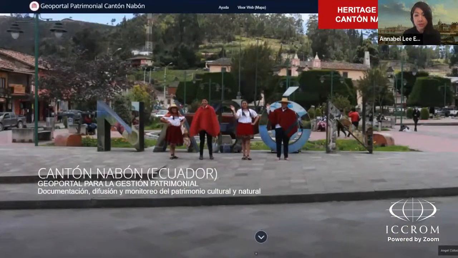And Arches can be used regardless of what scale your project is. The Cantón Naban in Ecuador is using Arches to record their heritage sites at a smaller regional level. And there are other implementations that are even smaller or much larger. So Arches is inclusive regardless of language, location, data, methodology, and scale.